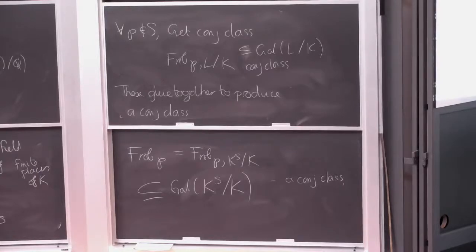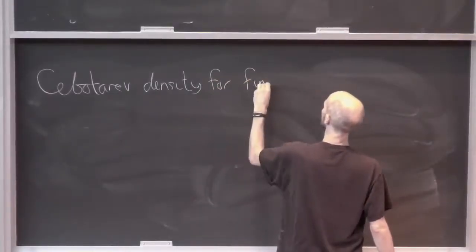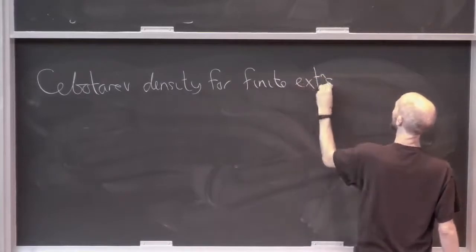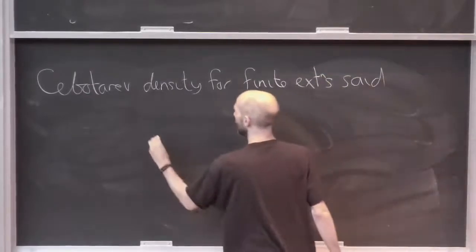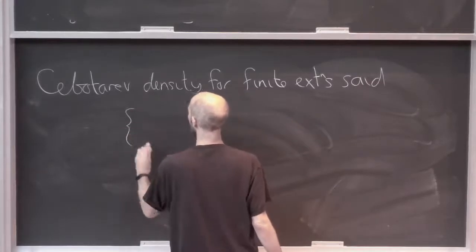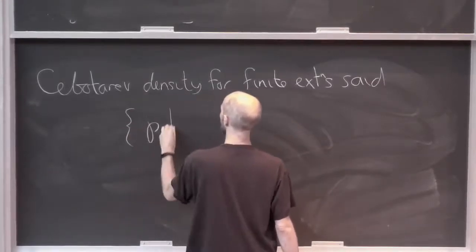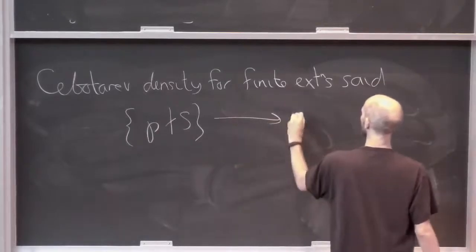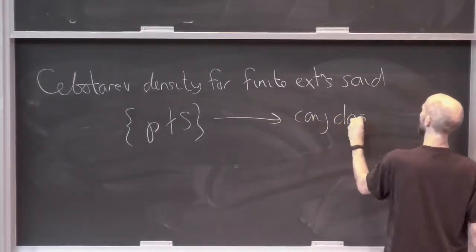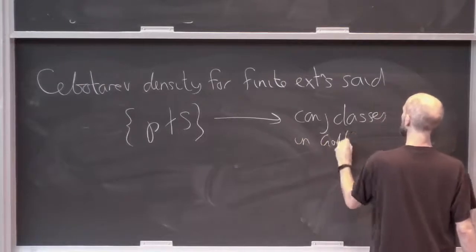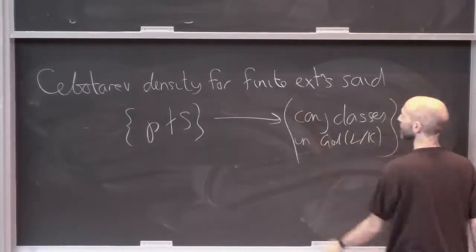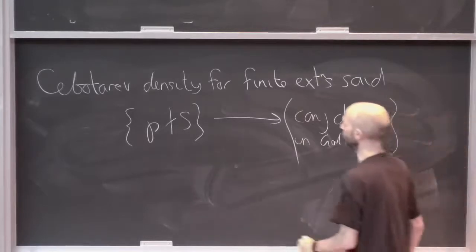Anyway, but we can write down conjugacy classes, and then what does the Chebotarev density theorem say? Chebotarev density theorem for finite extensions said that this map here, from primes P not dividing S to conjugacy classes in Gal(L over K), sending P to Frob_P, that thing there was surjective.